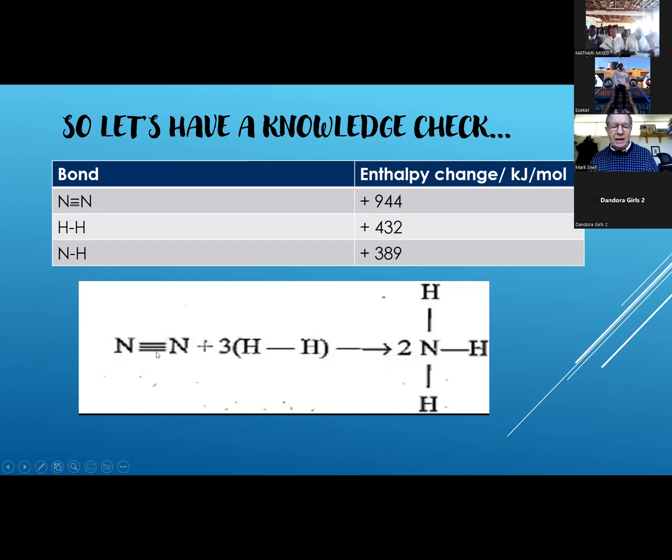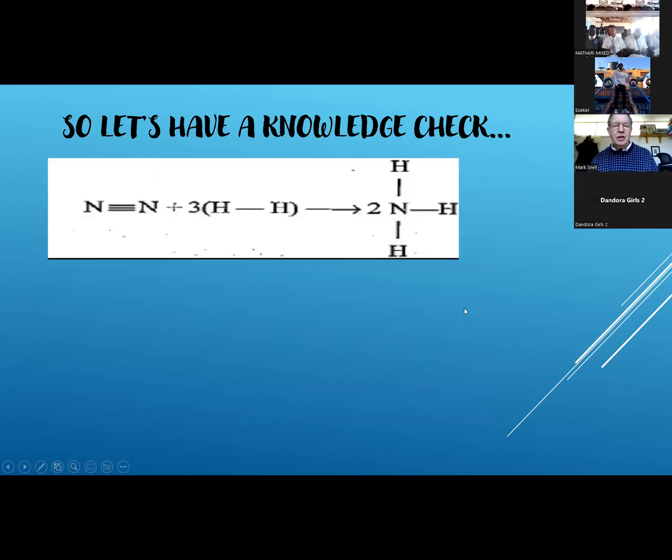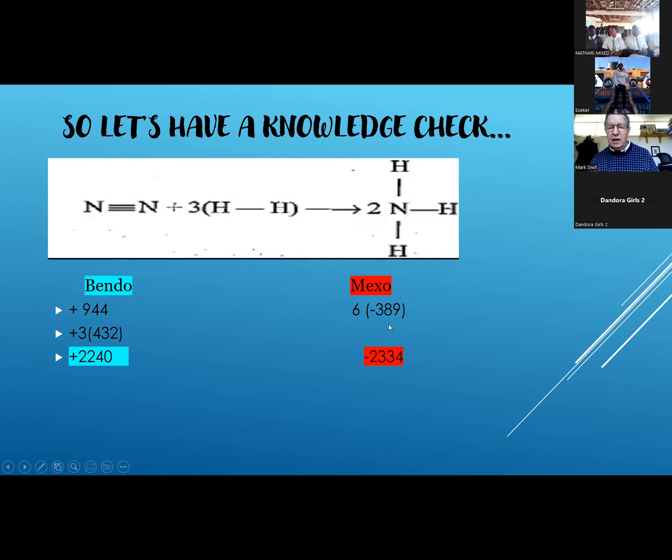So we have 1 N triple bond N, 3 432s, that's all going to be positive, and then 1, 2, 3 bonds in each of 2 ammonias, that's 6 389s, but they're being made, so it's negative. So it's going to be breaking there, 944, that's that one, the 3 of these, and then 6 negative 389s, and that totals negative 94.